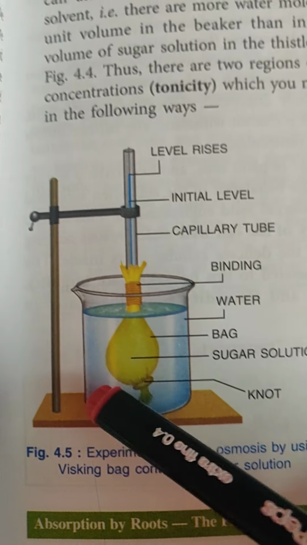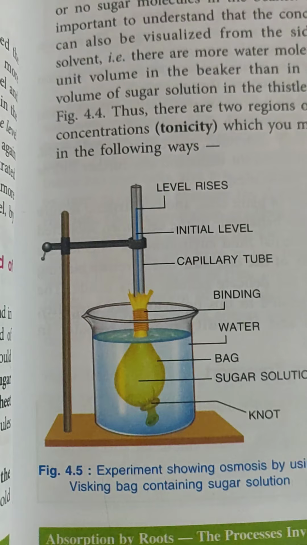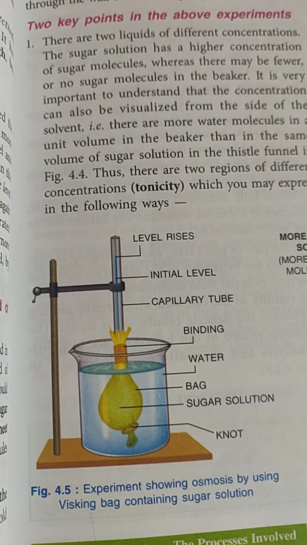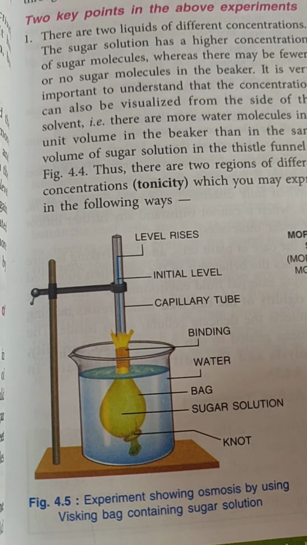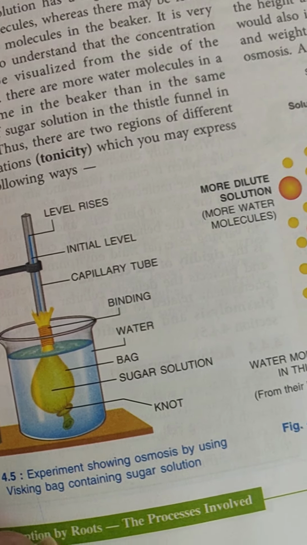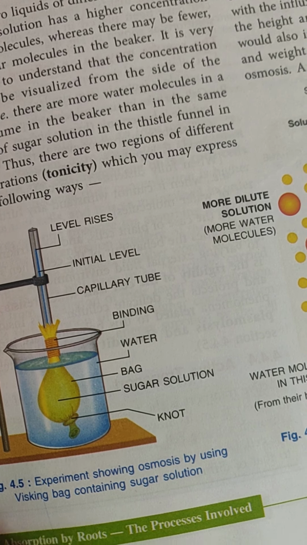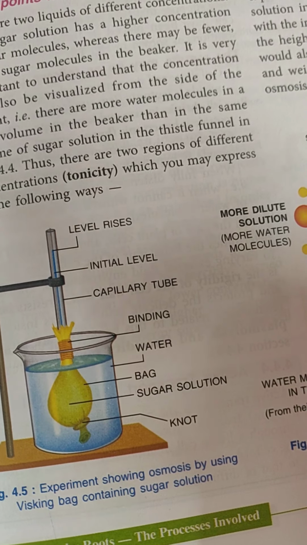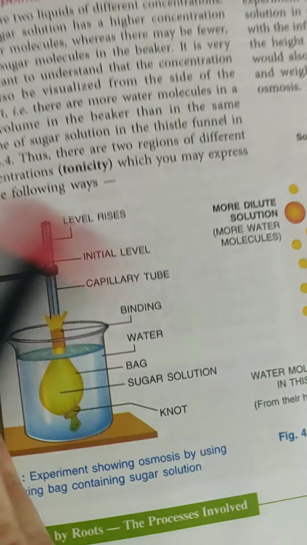Now the inner solution is more concentrated. In the thistle funnel, the solution is more concentrated, and the beaker contains not just water but dilute or less concentrated sugar solution.